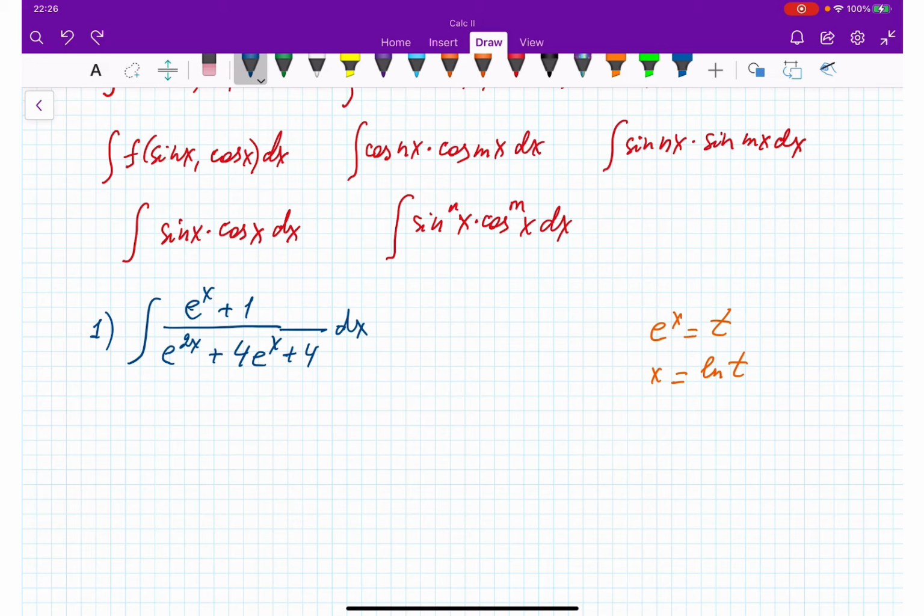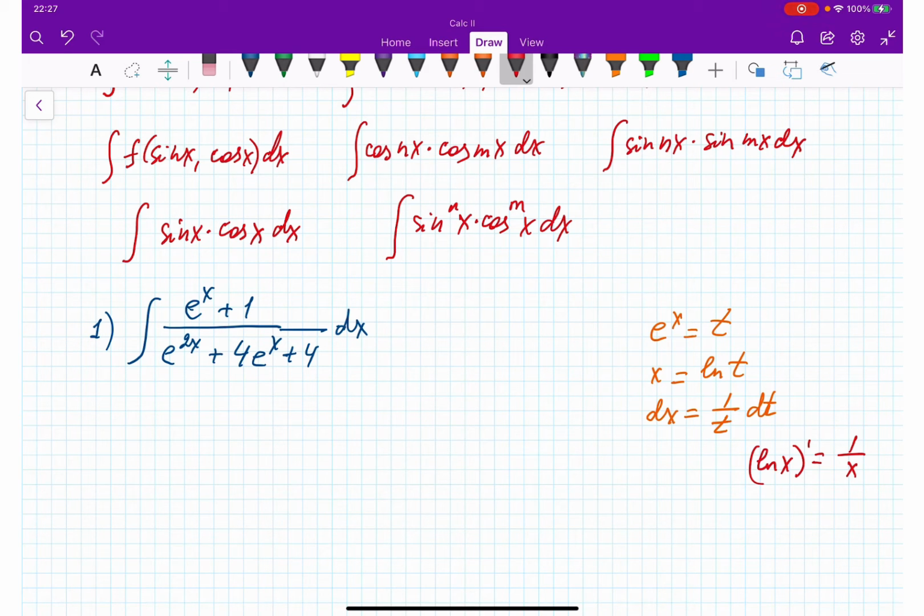We don't write it because natural logarithm means that the base is e. Okay, and dx is going to be the derivative of logarithm t, which is 1 over t dt, right? Let me write down here: natural logarithm x prime is equal to 1 over x. Okay?